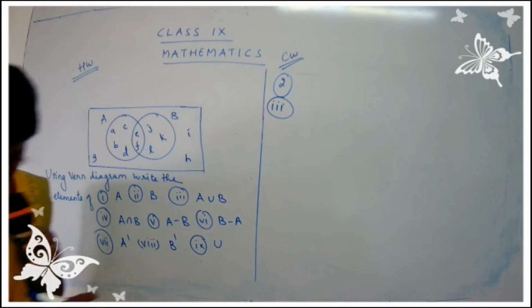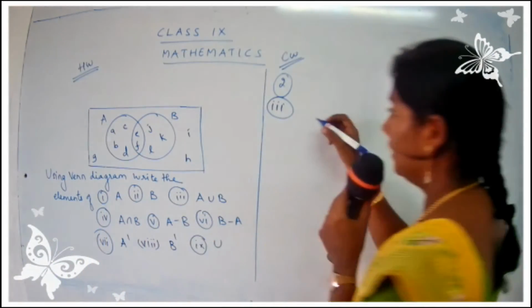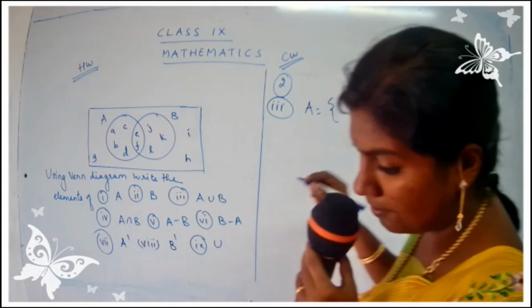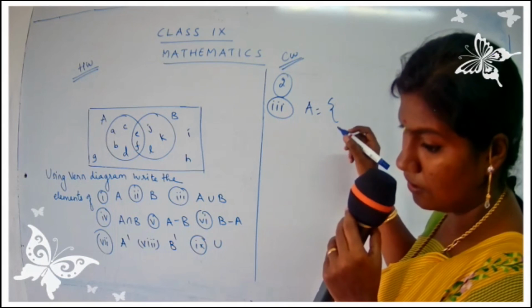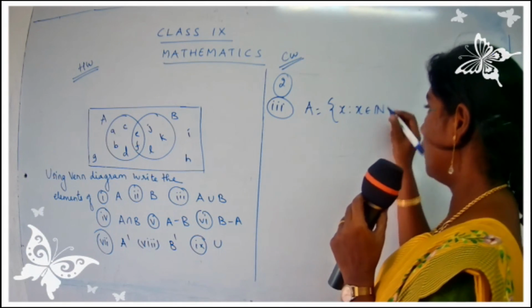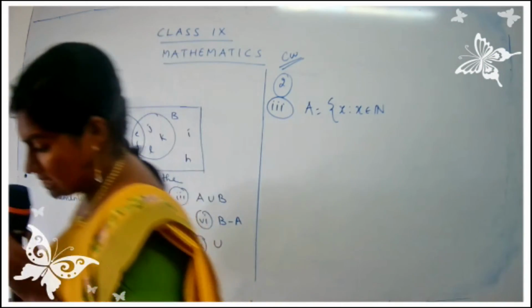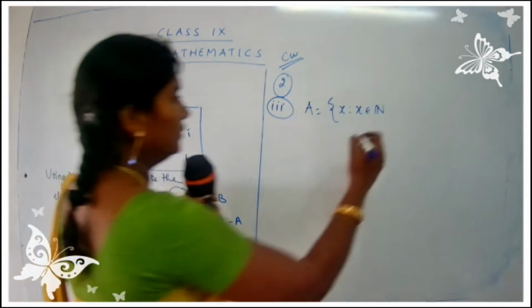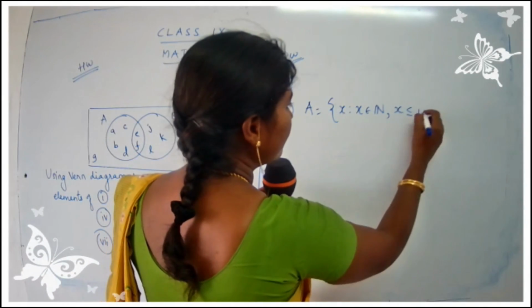A is equal to x such that x belonging to N. X is less than or equal to 10.